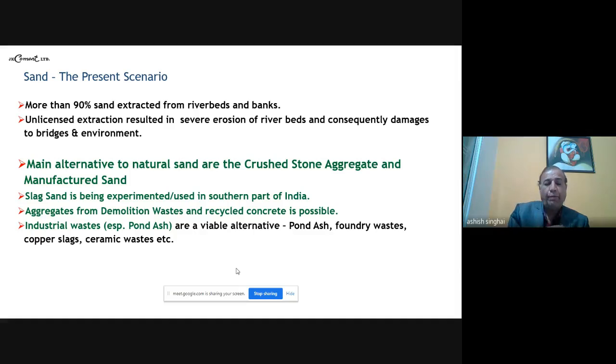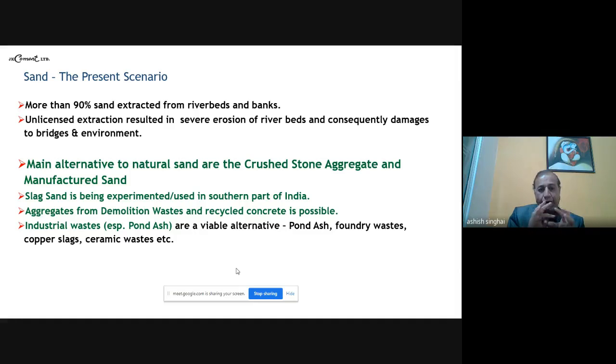Now, another very important point I would like to mention is that river sand, in shape and texture, is rounded, it is spherical in shape. So the bonding between sand and the coarse aggregate is sometimes challenged, whereas the crushed stone aggregate or the manufactured sand is angular in shape and texture. You have got a lot of angles because it is crushed.